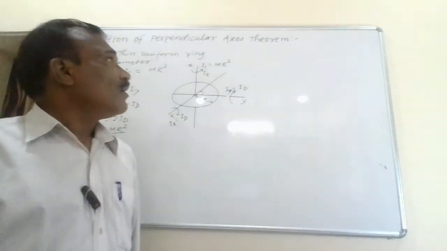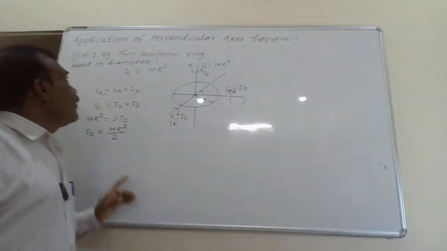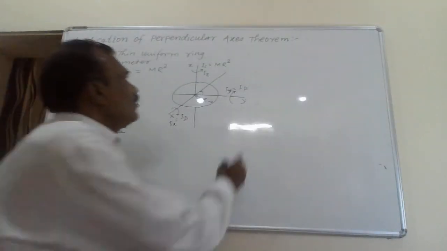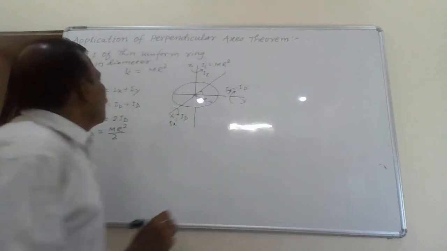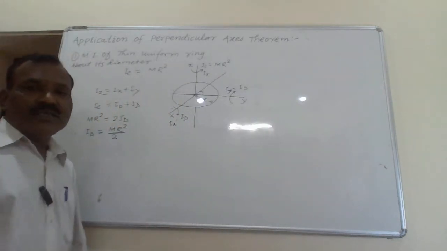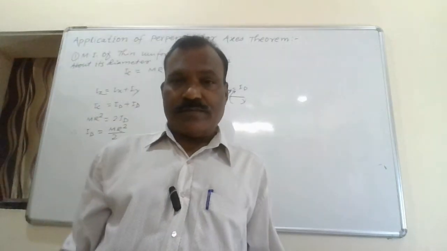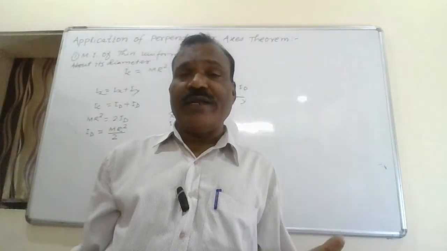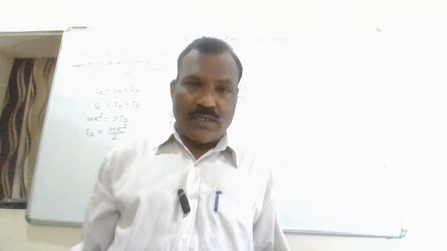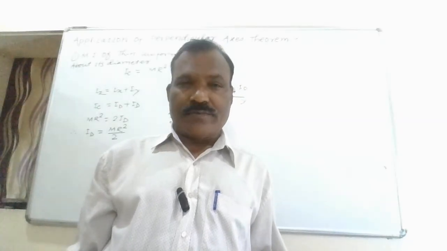Now let us see how we can obtain the moment of inertia of a thin ring about its diameter.